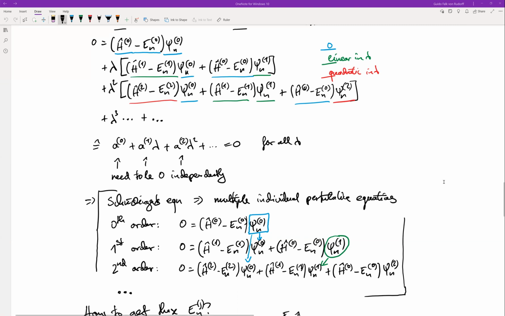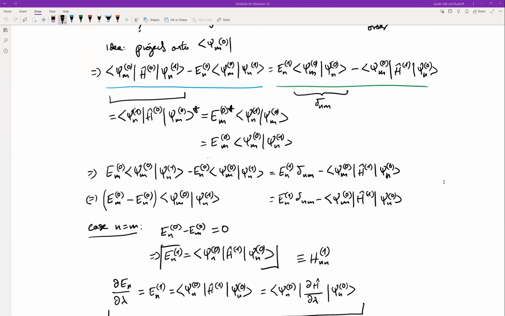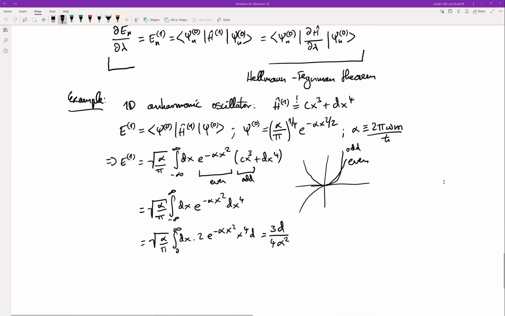So that's the individual idea. Now we started looking at some number example, and we insert this, for example, for the 1D anharmonic oscillator, and we saw that this allows us to get some corrections for the individual energies. Now let's continue here.